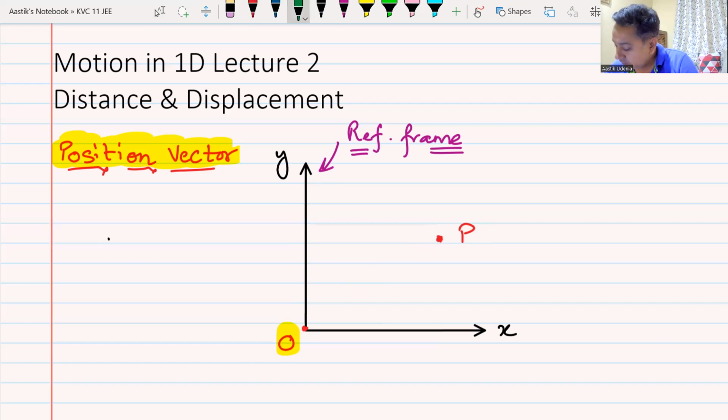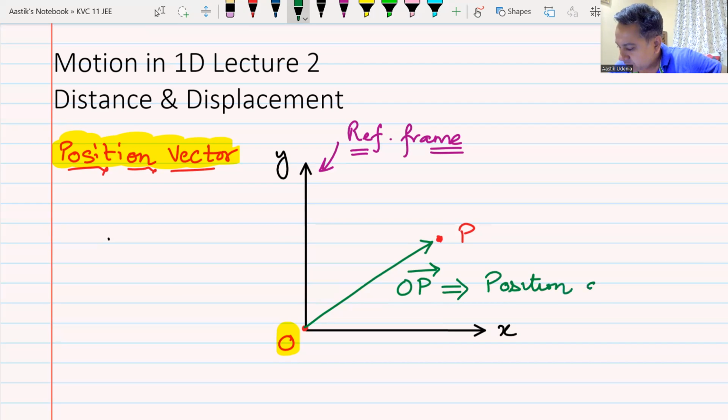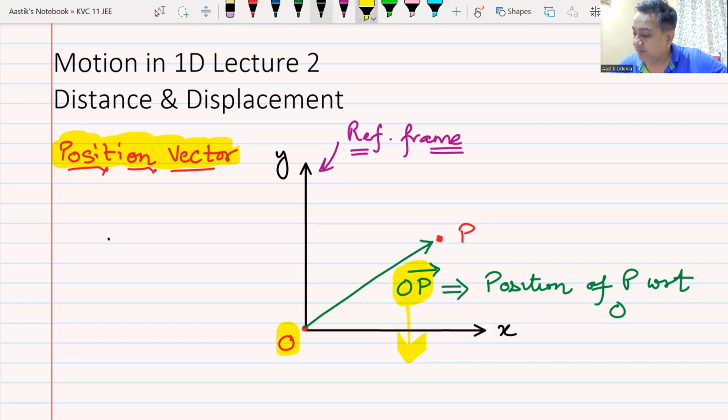It is going to give us the position of point P with respect to O. This OP vector is giving us the position of point P with respect to O, and this OP vector is known as the position vector of P with respect to O.